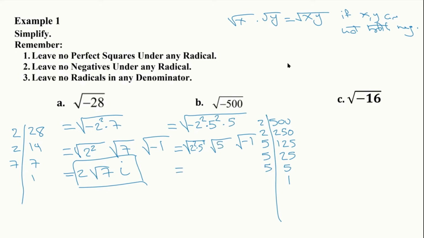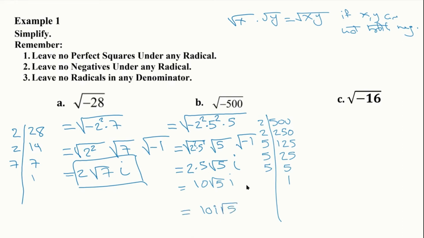So now, the square root of 2 squared times 5 squared, that's just 2 times 5. And then radical 5, and then the square root of negative 1 is just I, right? So we end up with 10 radical 5 I. Now this is just a multiplication, so sometimes you'll see books or other people refer to this as 10I radical 5.